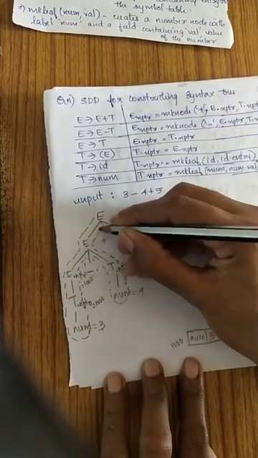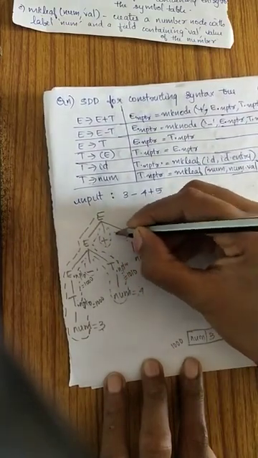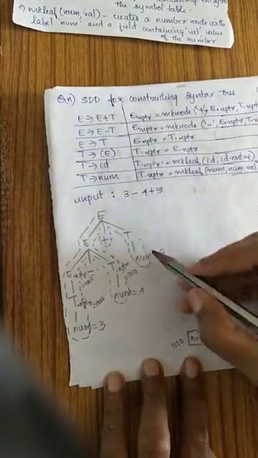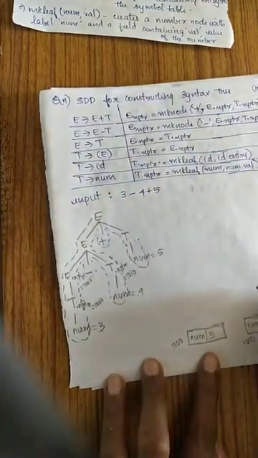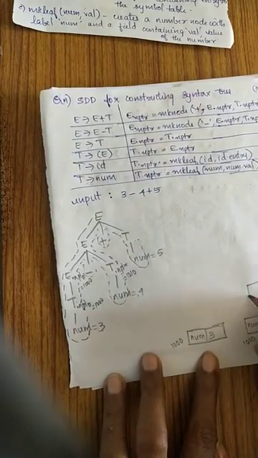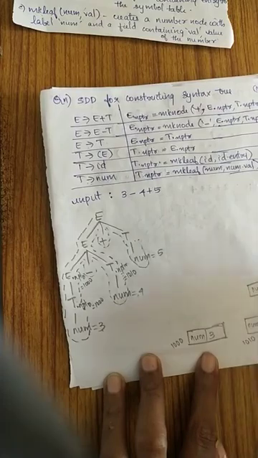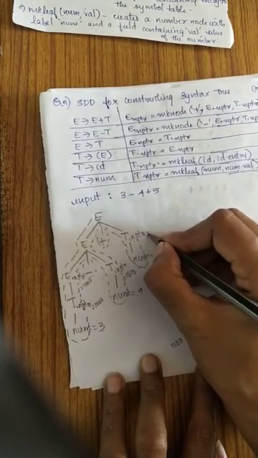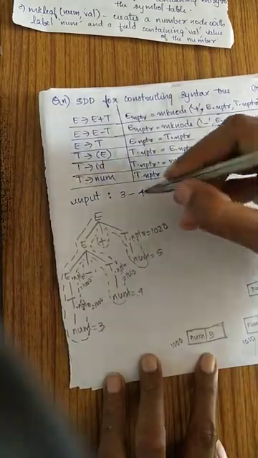I am again moving backward, traversing the tree, and this is again a reduction, number to T. So I have to make another leaf node with the entry number and the value 5. Let the memory location be 1020. So T.nptr gets the value 1020.